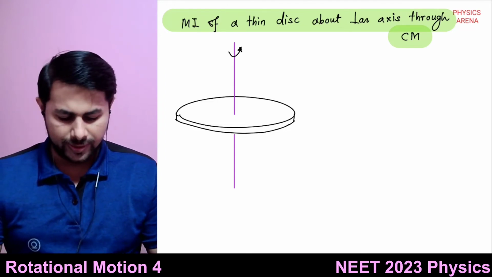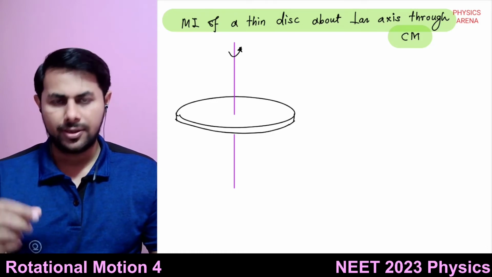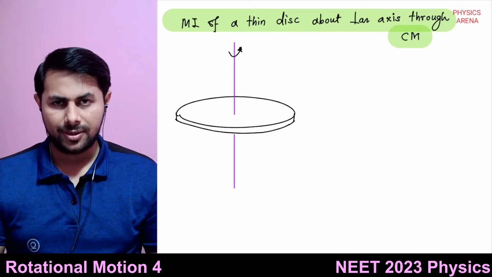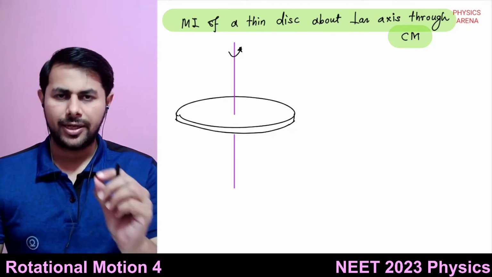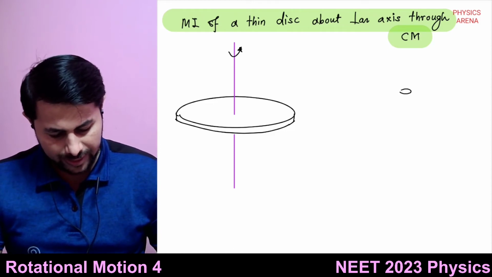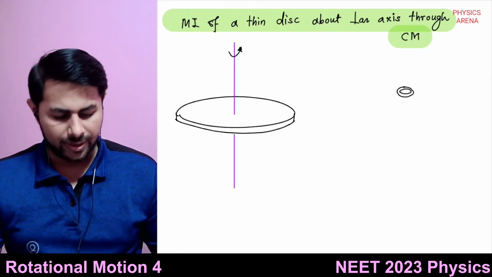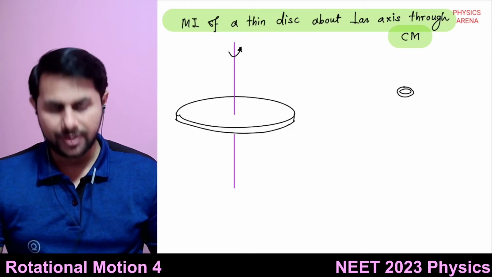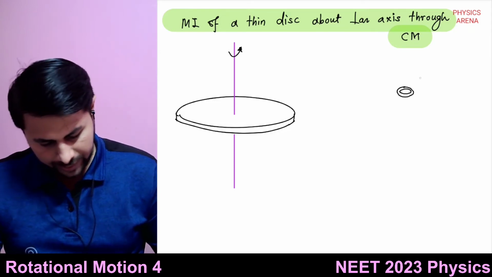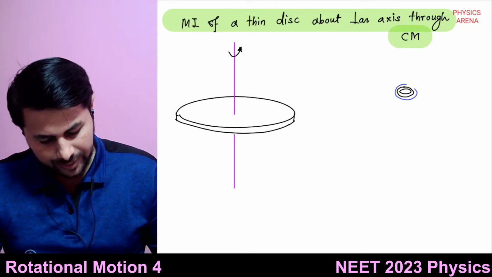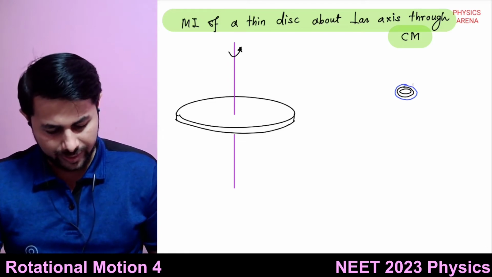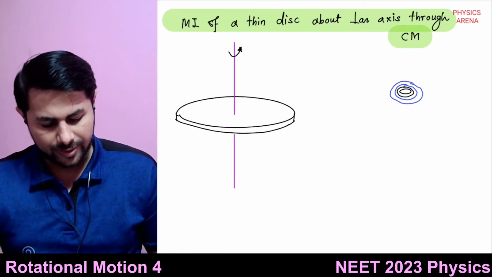So what you will do is you can think of this disk to be made up of n number of small rings. How come? So you take a very small ring like this. Then you take another ring, which is like this. Then you take another ring surrounding that.